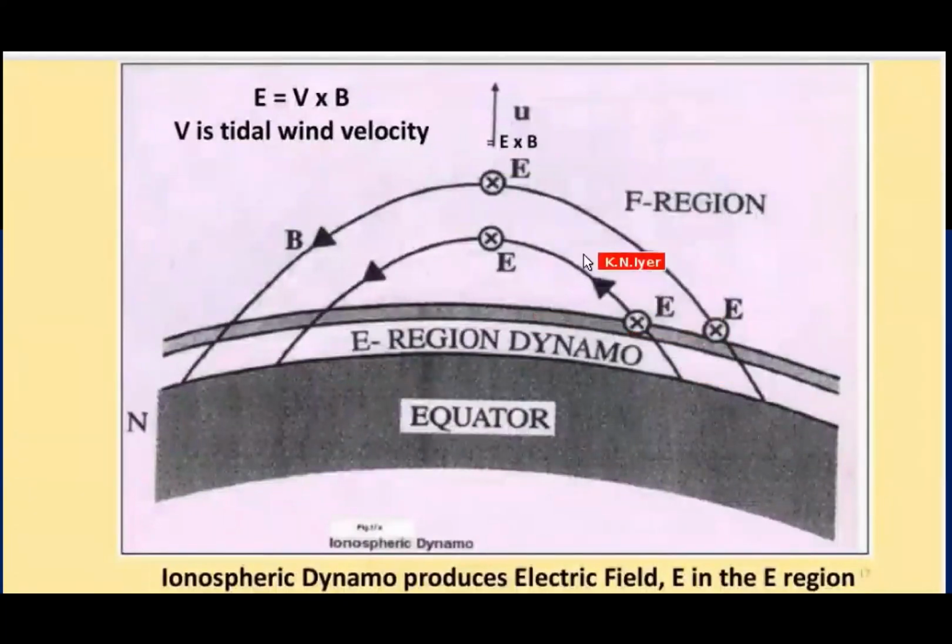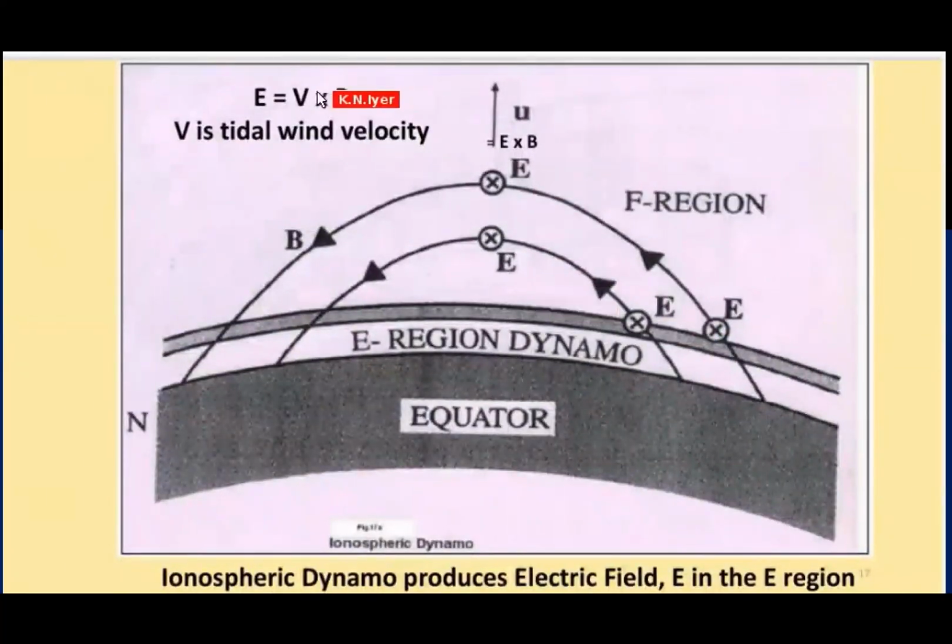These are the magnetic field lines which are along the meridional direction going from north to south. And this is another field line starting at a higher latitude and going up to a higher apex height and so on. So a little away from the equator, the magnetic field has a small vertical component. Exactly over the equator it is horizontal, but a little away it has a vertical component.